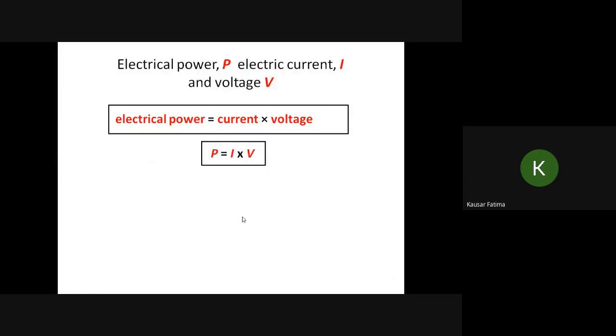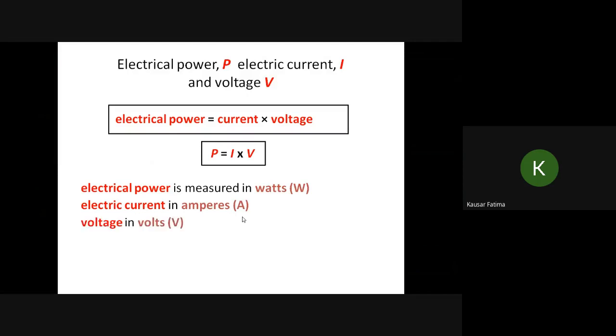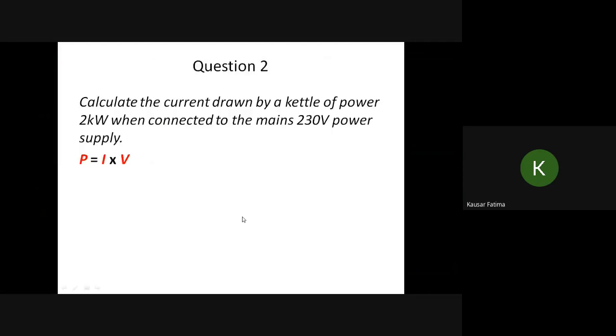Power is current into voltage, this we already derived. Electrical power is measured in watt, current in ampere, voltage in volts. Now we will make use of this second formula of power. Calculate the current drawn by a kettle of power 2 kilowatt when connected to the mains 230 volt power supply.